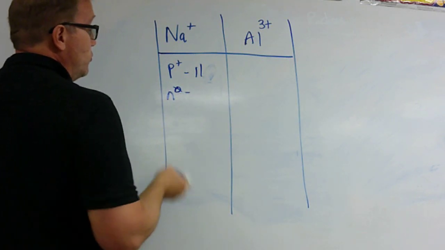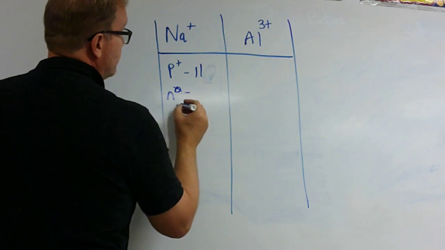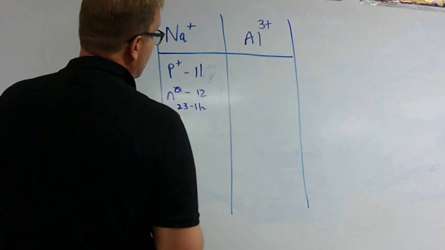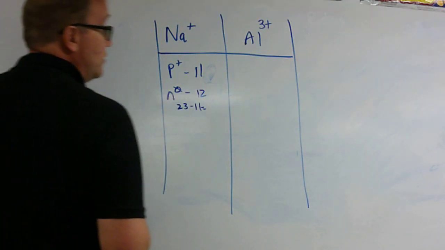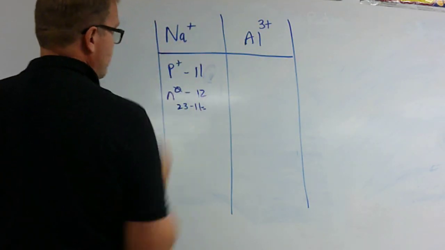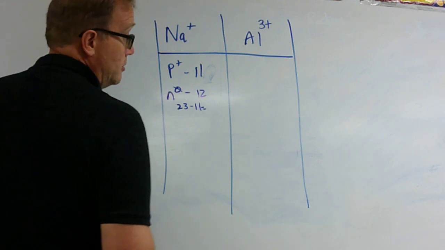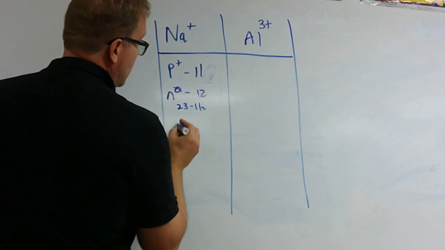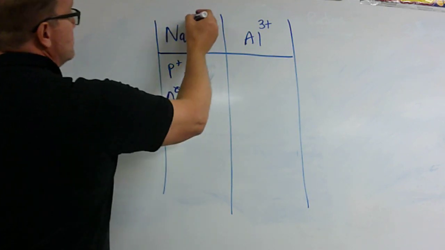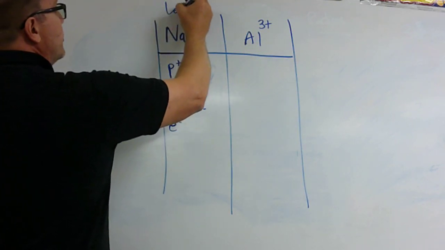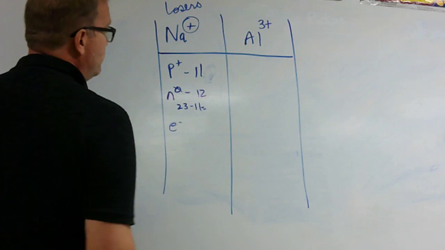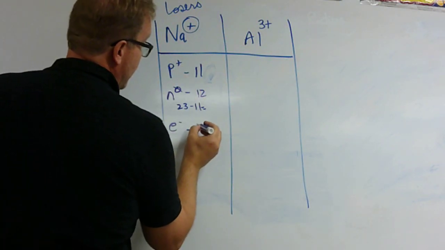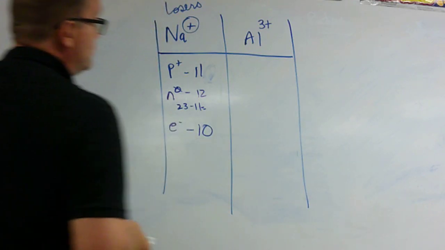So this would be 23 minus 11 for my structure, 12. Again, I'm not really too worried about that because we're dealing with charges, not mass. And then we have electrons. Metals are losers, so this is a loser. It'll lose 1 off of my 11, so that's going to be 10.